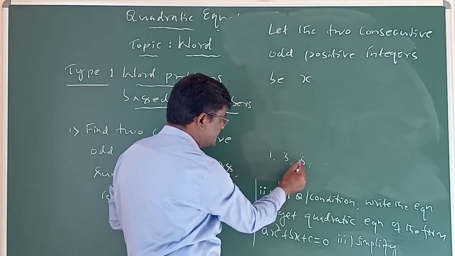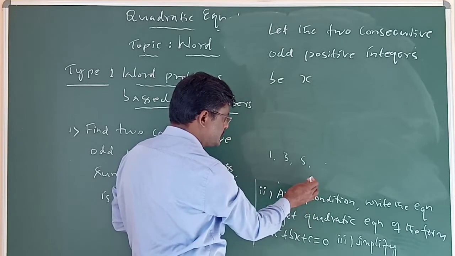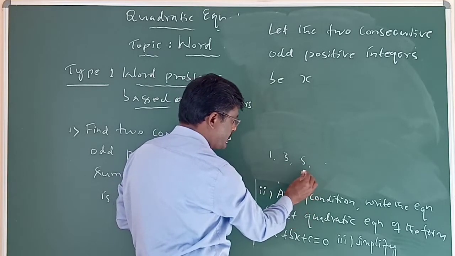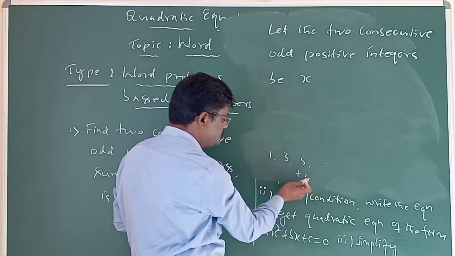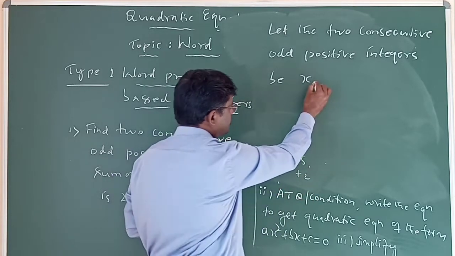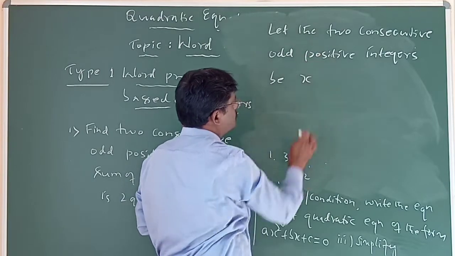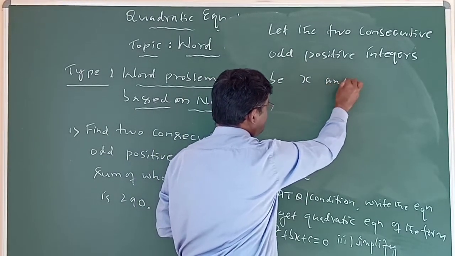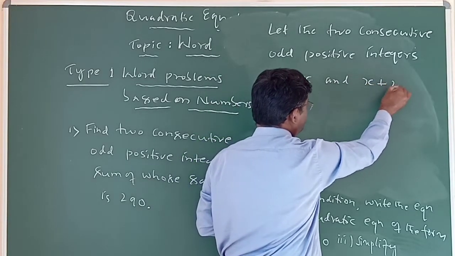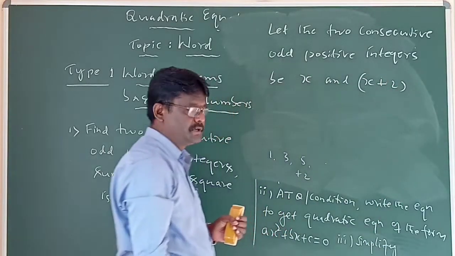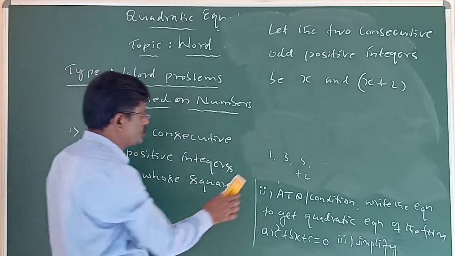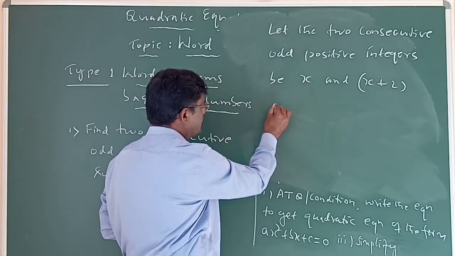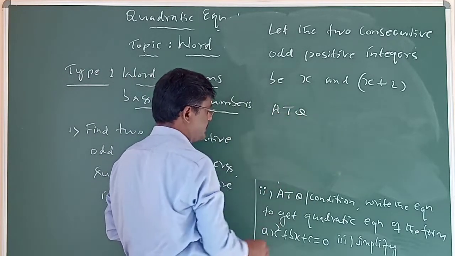Therefore, the consecutive integers are obtained by adding 2 to the previous. Hence, let the two consecutive odd positive integers be x and x plus 2.